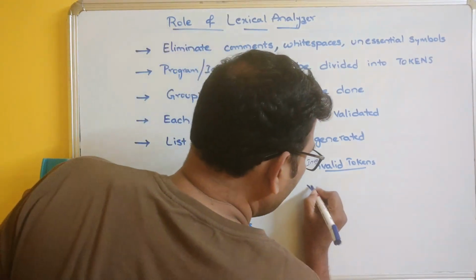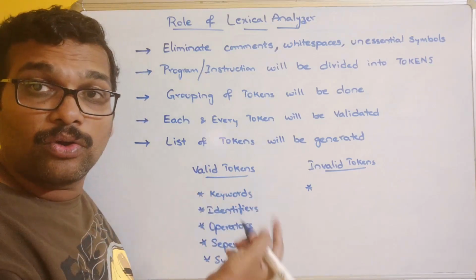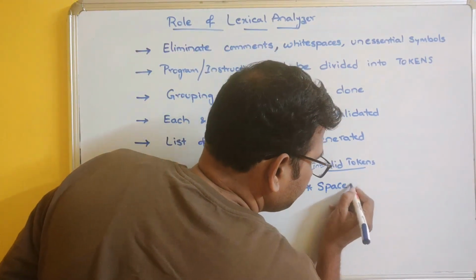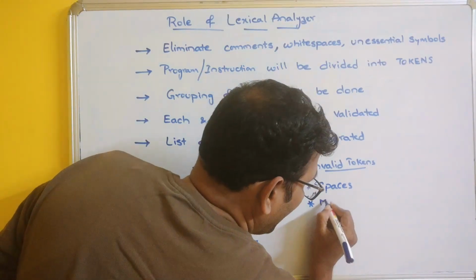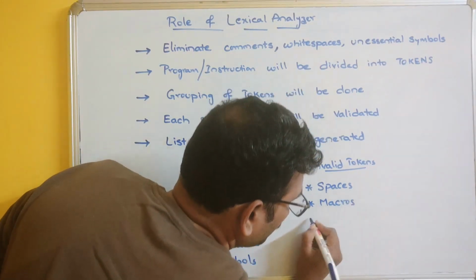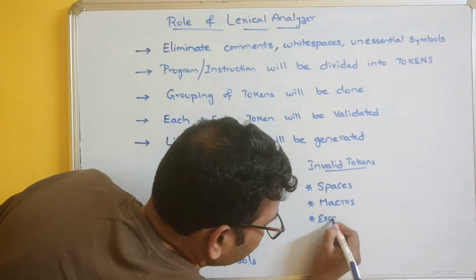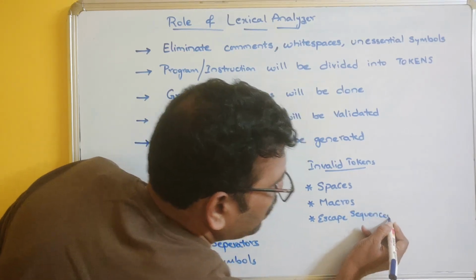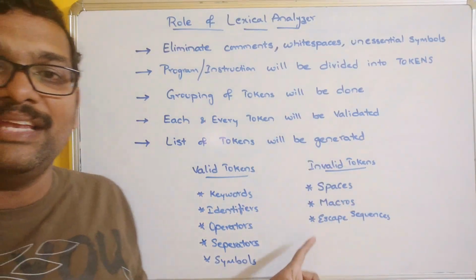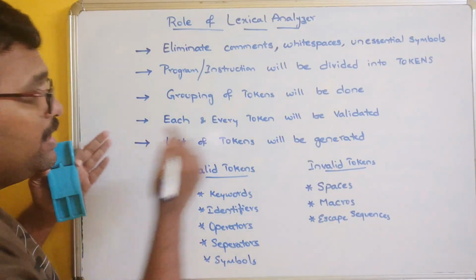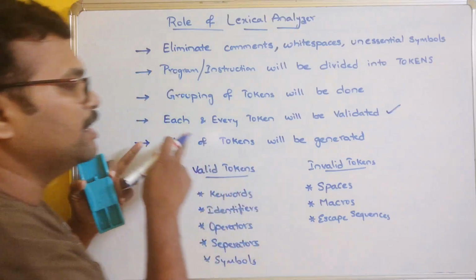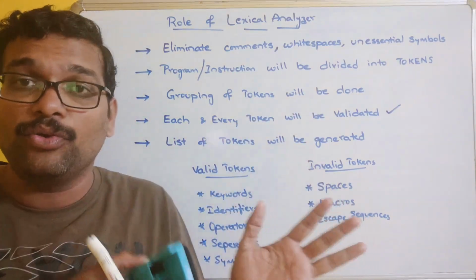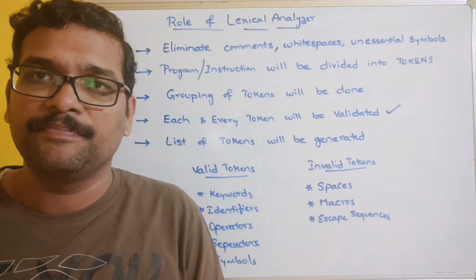And the invalid tokens will be spaces, macros, escape sequences, etc. All this comes under the invalid tokens. This will be done in this particular step, where each and every token will be validated. So it will group what are the valid tokens and what are the invalid tokens.